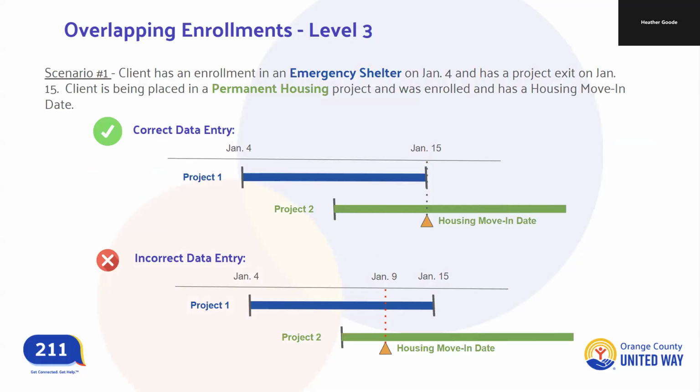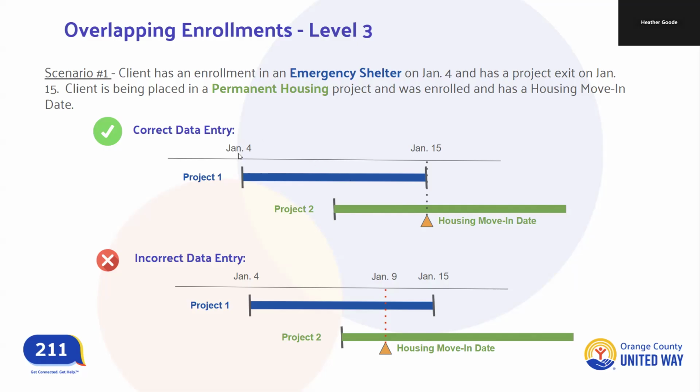So for this scenario, we have a client enrolled in an emergency shelter on January 4th who has a project exit on January 15th. The client is being placed in permanent housing, was enrolled, and has a housing move-in date.